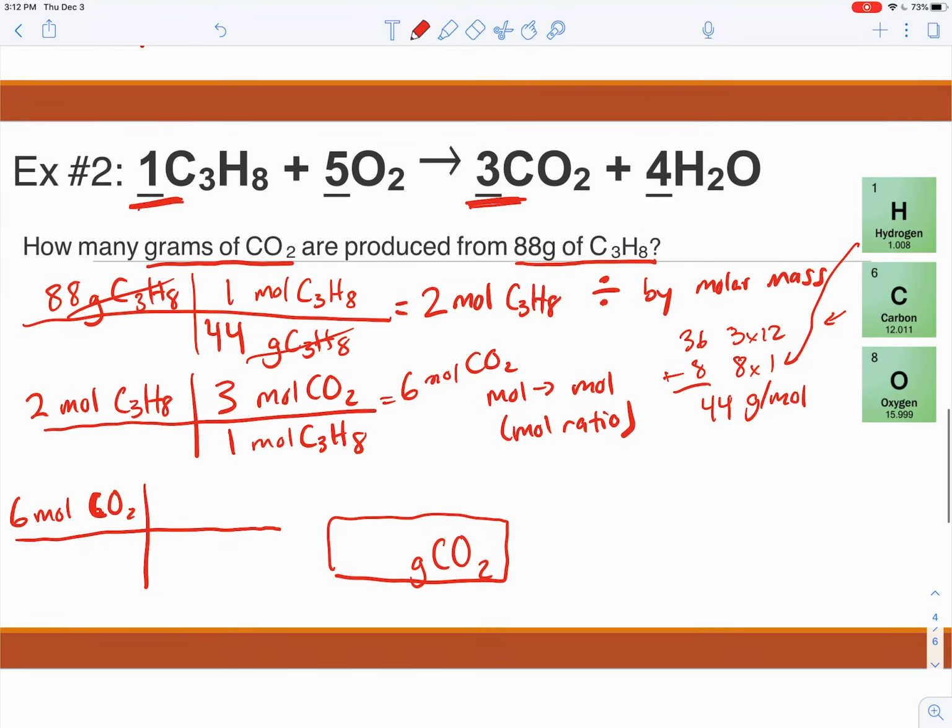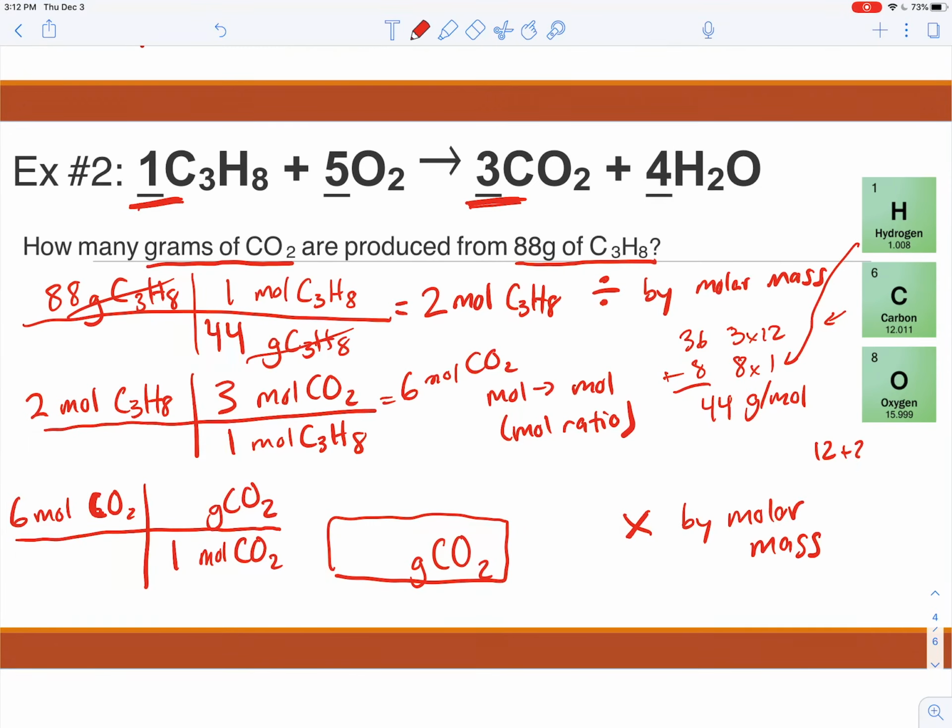And we're going to do our final conversion. Again, we're trying to get to grams of carbon dioxide, so we definitely want to put grams of carbon dioxide on top here. Units we started with moles of carbon dioxide. And so our last step is to multiply by the molar mass. So now we want to find the molar mass of carbon dioxide.